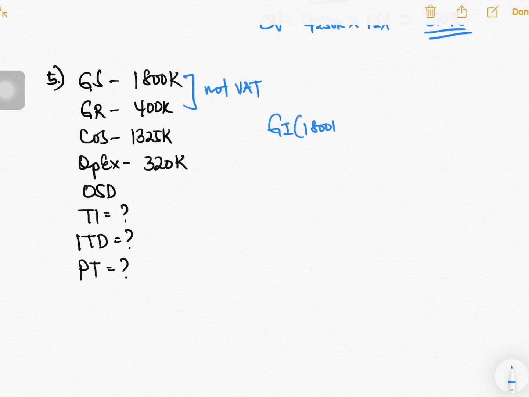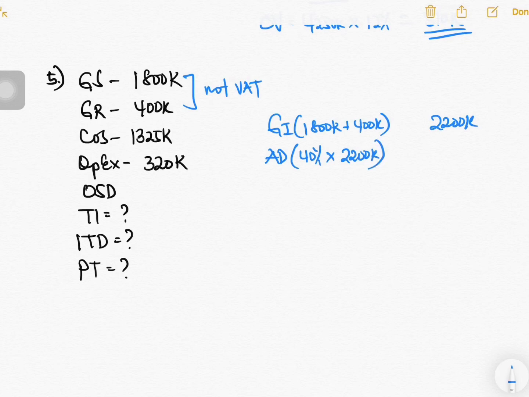It's 1.8 million plus 400,000. So this is 2.2 million. For the allowable deduction, it's OSD, and that's 880,000, leaving you a taxable income of 1,320,000. That's your taxable income.